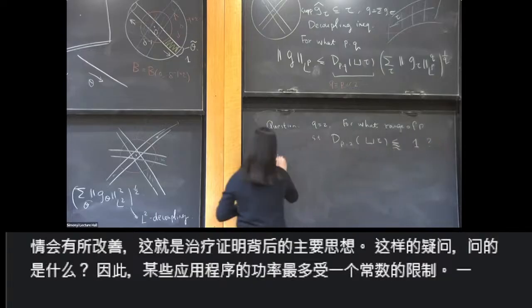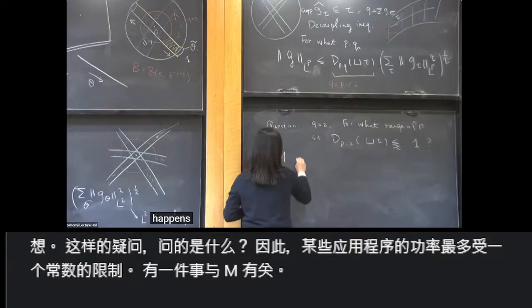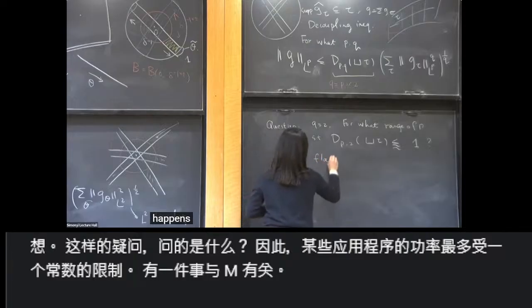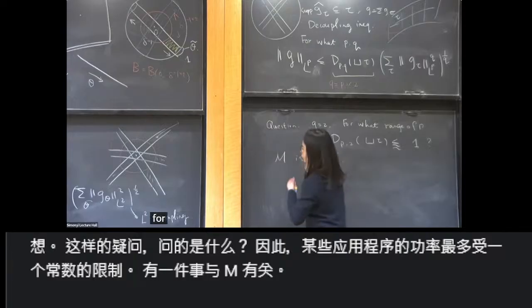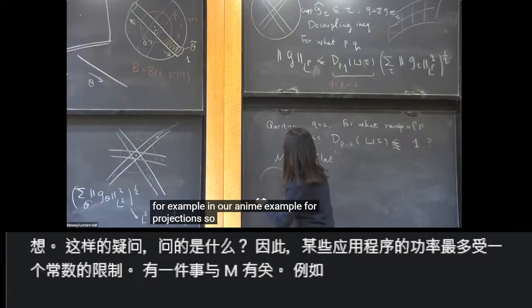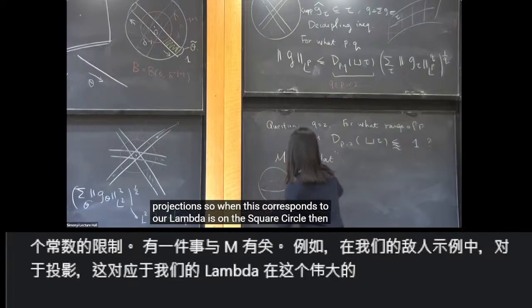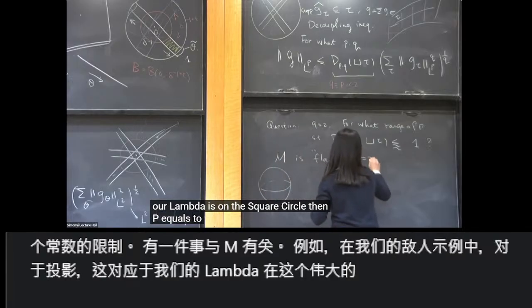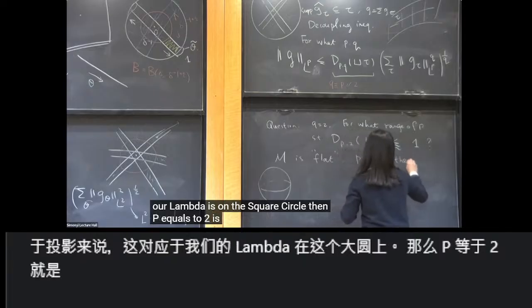One thing is when M is flat. For example, in our enemy example for projections, when this corresponds to lambda being on this great circle, then P equals 2 is the best possible.